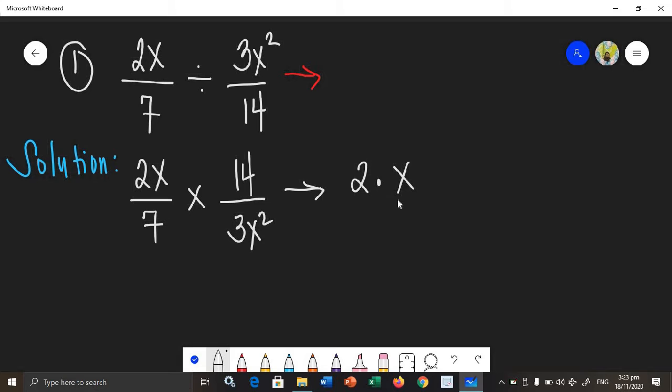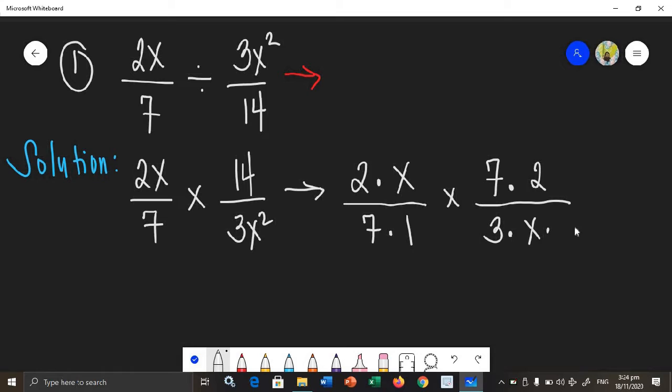I'm not going to put 2 times 1 times x; it's just the same. Over 7, I can write that as 7 times 1. This is a prime number, so it has no factors other than 1 and itself. Times 14, I can factor out 14 as 7 times 2, all over 3x squared, which I can factor out as 3 times x times x.